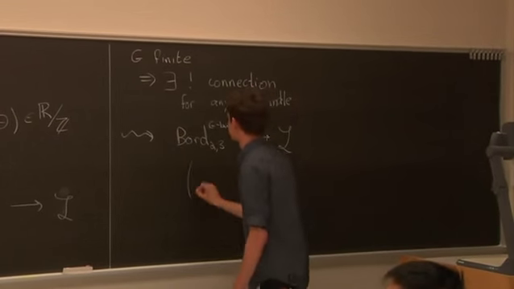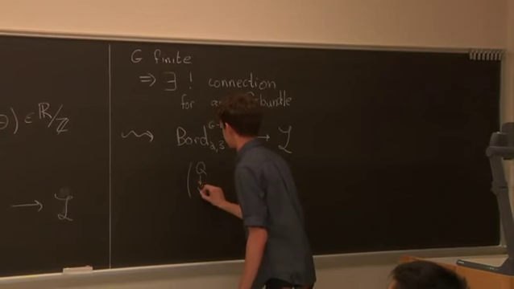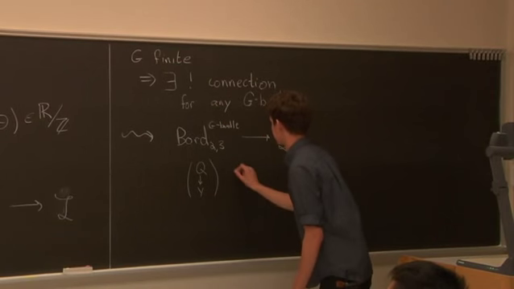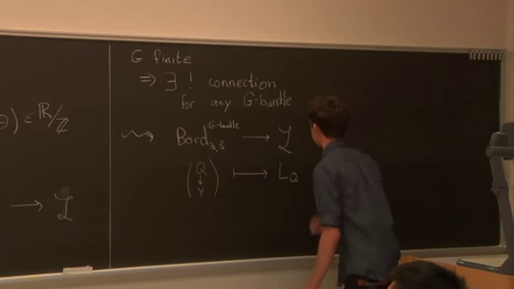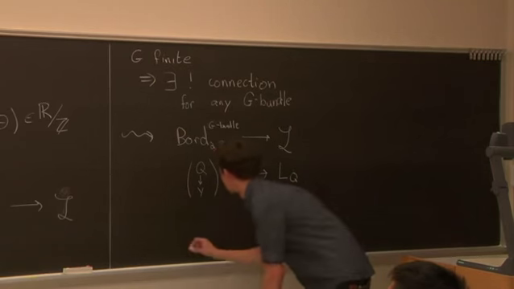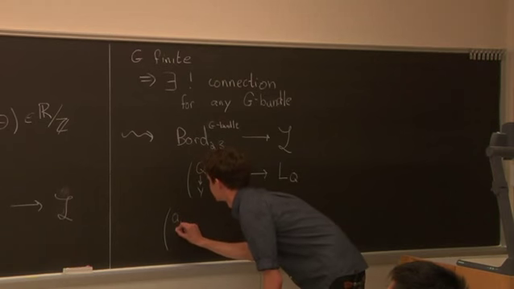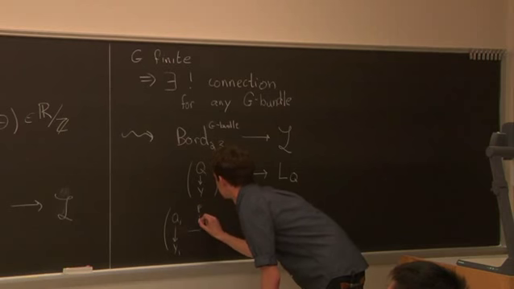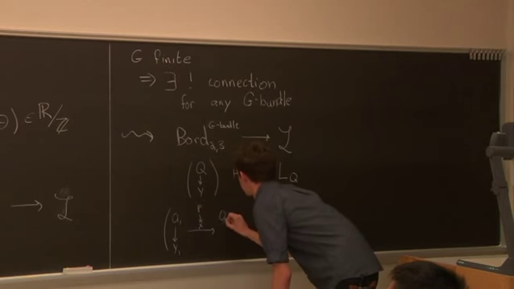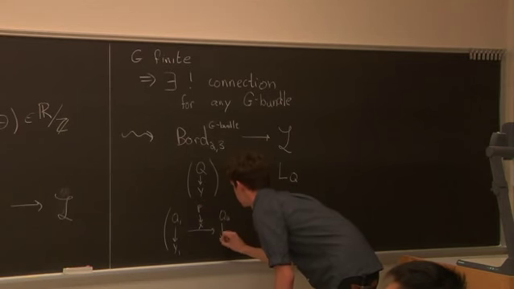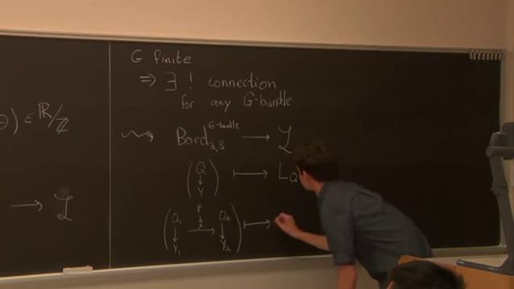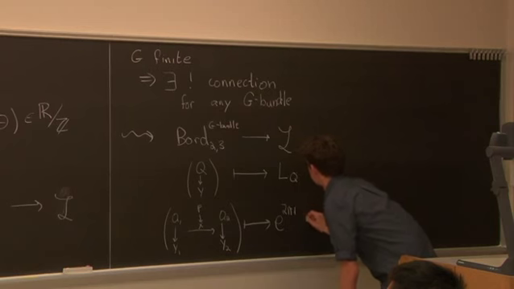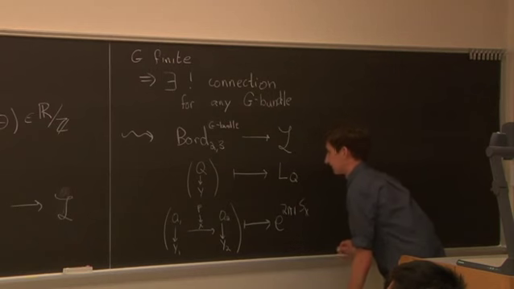And just to fix notation, I'm going to note this as well. Closed oriented 2 manifolds with a bundle go to some line L_Q, and morphisms will go to this element given by the action functional.